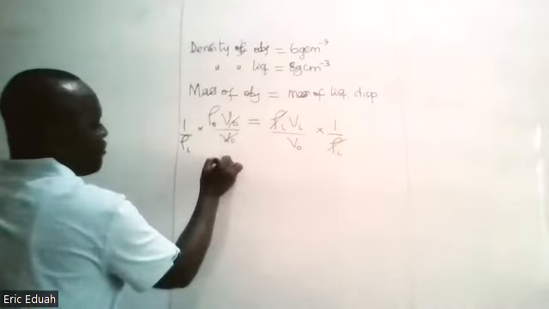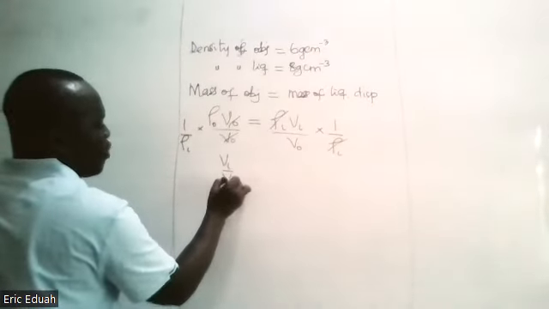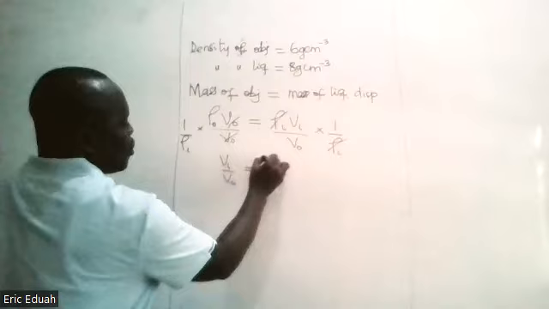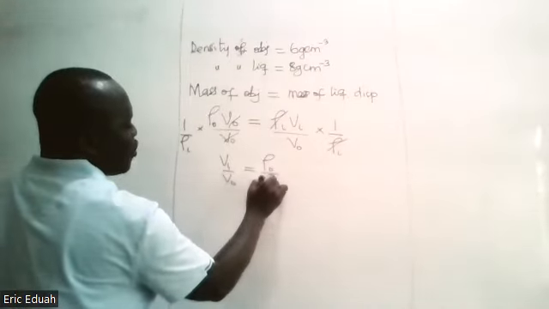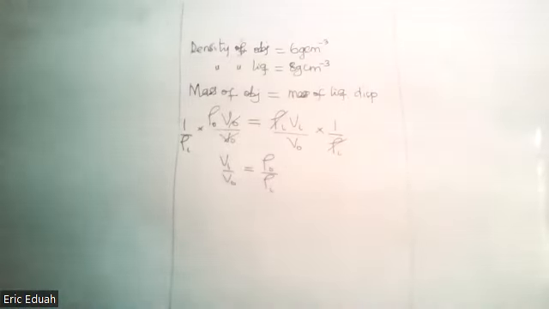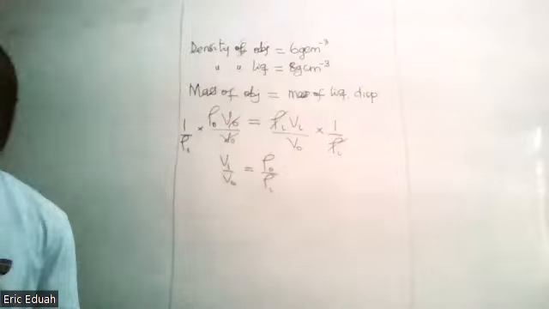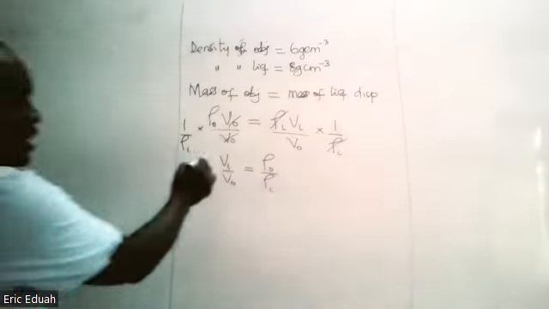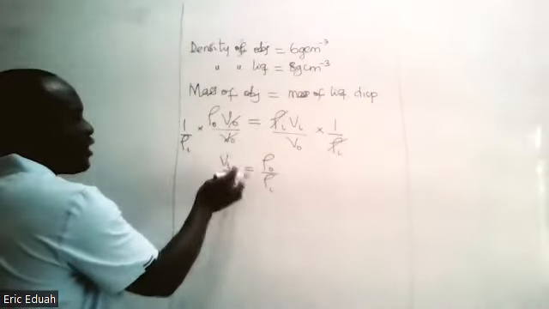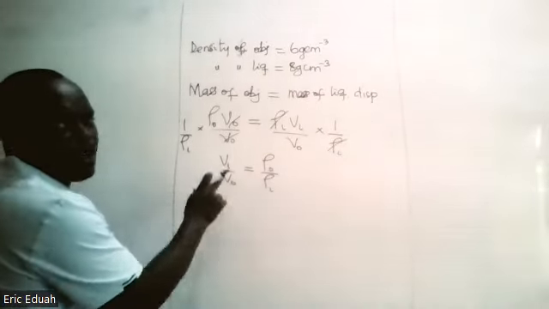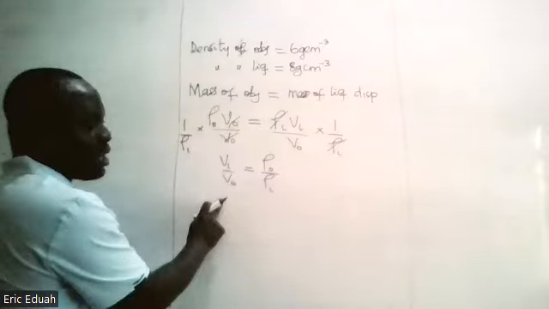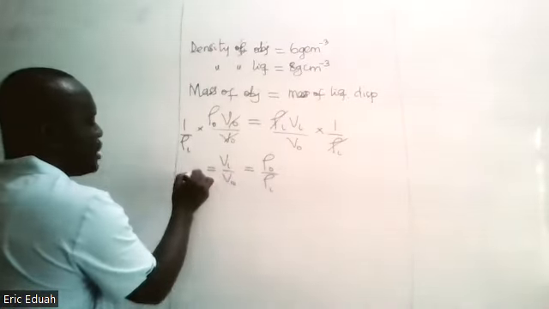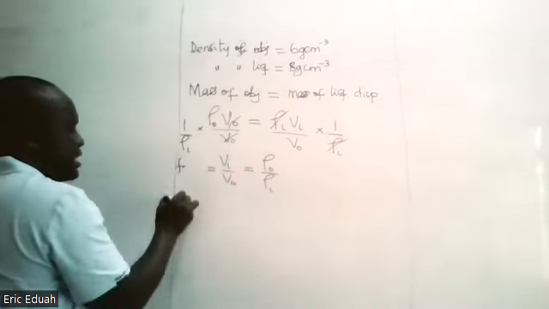So we have VL over VO equal to rho O over rho L. Are we okay?